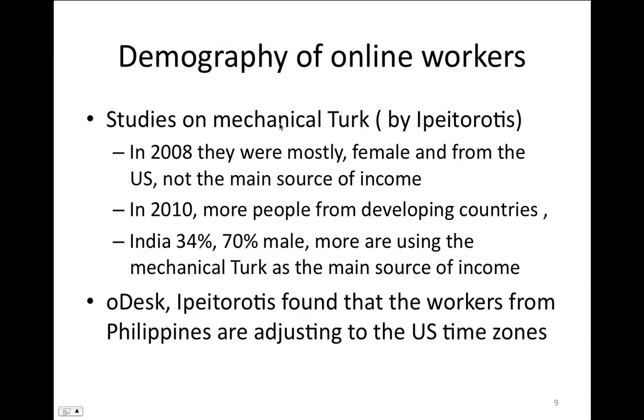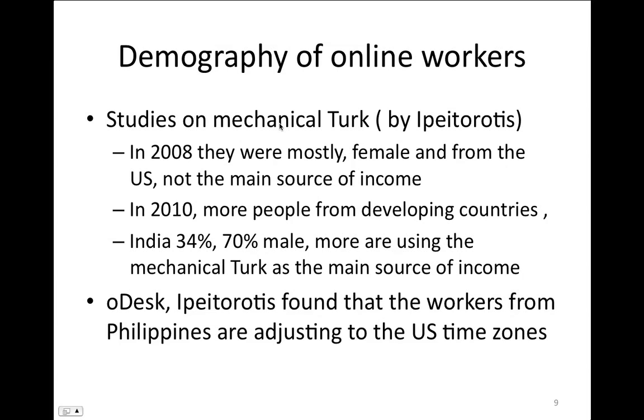So let's look at the studies on the demography of online workers. We look at what was studied on Mechanical Turk, which is a larger scale one. Mechanical Turk is really a platform for piecemeal work.